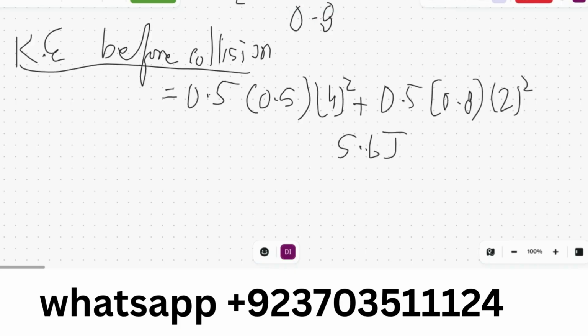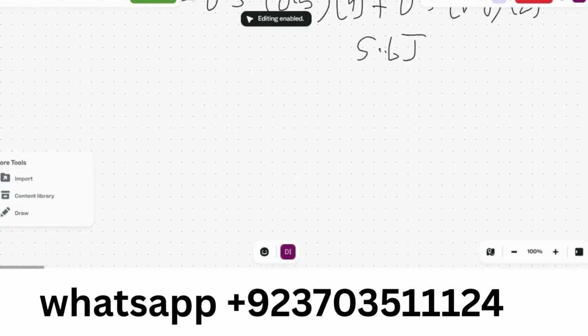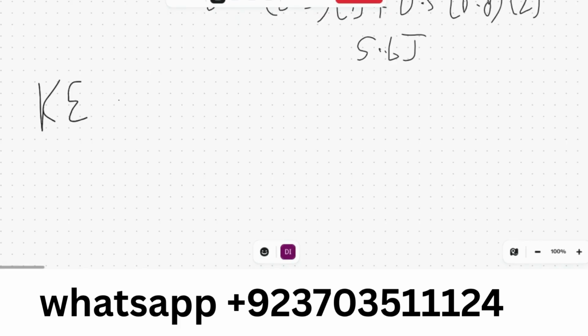Okay, so now we will calculate kinetic energy after the collision.